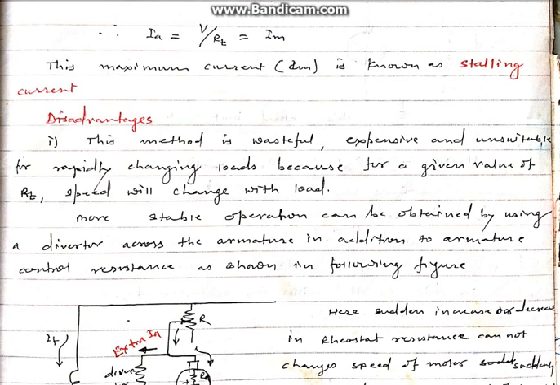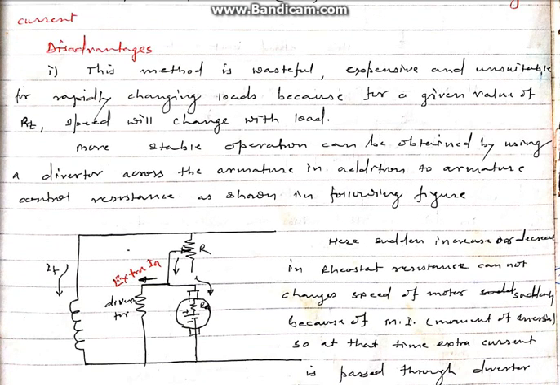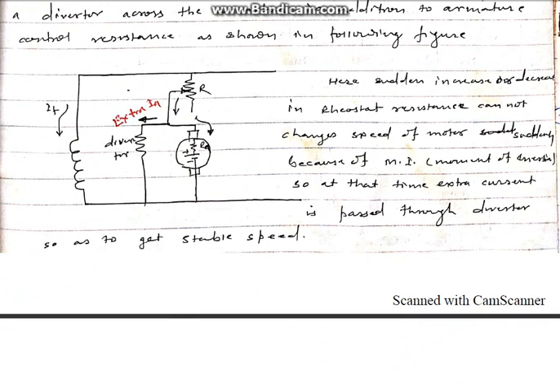This method is wasteful, expensive, and unsuitable for rapidly changing loads, because for a given value of RT, speed will change with load. More stable operation can be obtained by using a diverter across the armature in addition to the armature control resistance, as shown in the following figure.